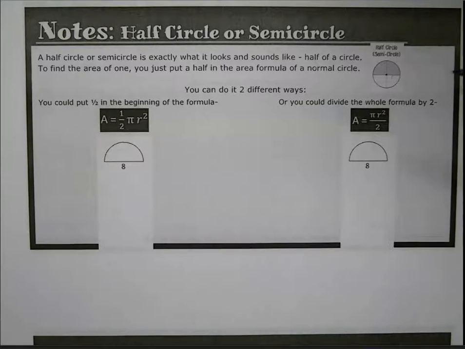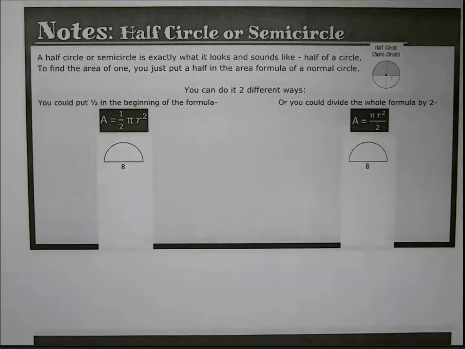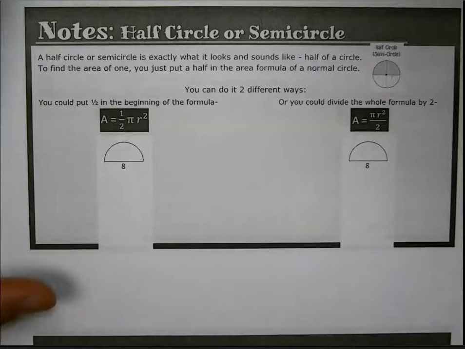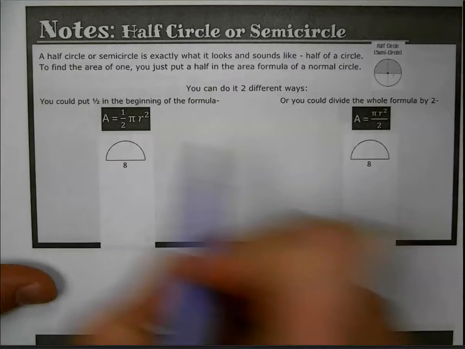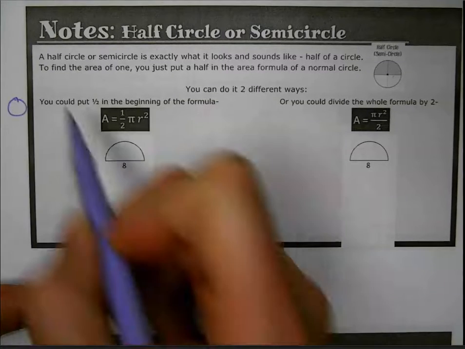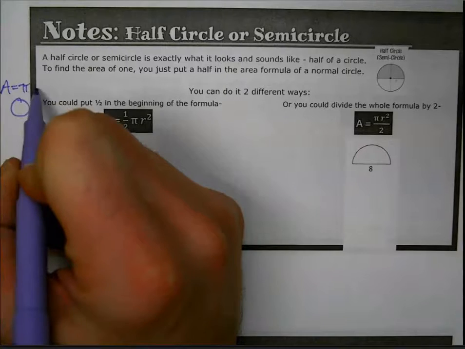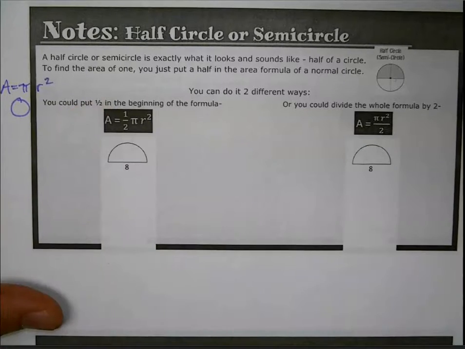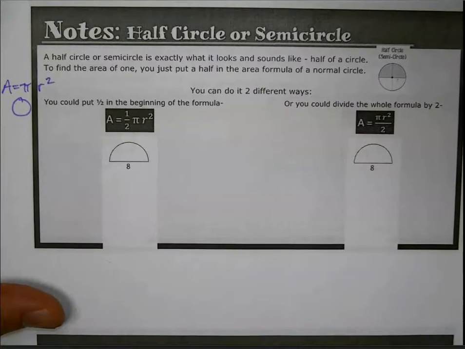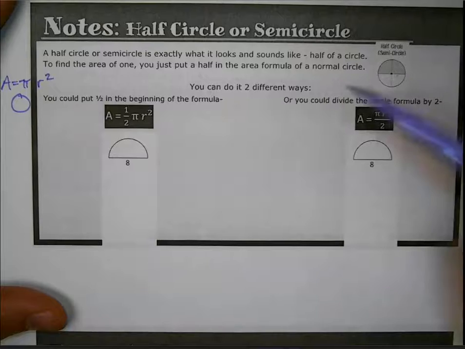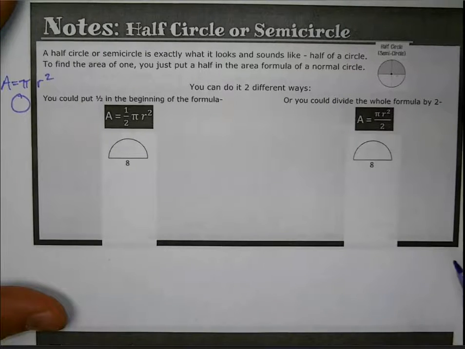So to find the area of half of a circle, you just put 1/2 into the formula. You know that for a full circle, the formula was area equals pi r squared, or pi times radius squared. Well, this is half, so we're going to put a half in there.